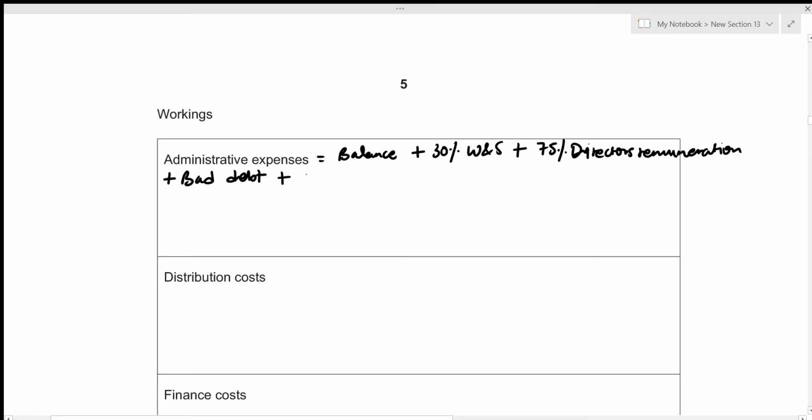Then we have the increase in provision for doubtful debts. I think we missed something. Oh, there was also the depreciation on motor vehicles. Okay, now we just need to substitute the amounts.